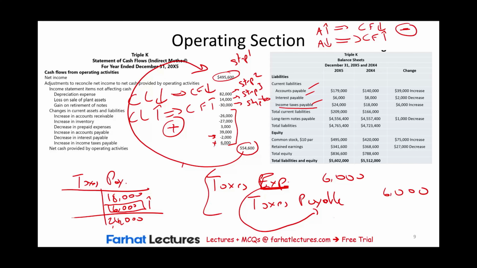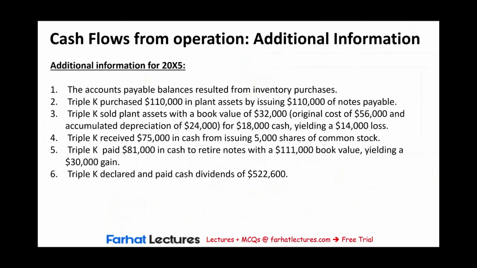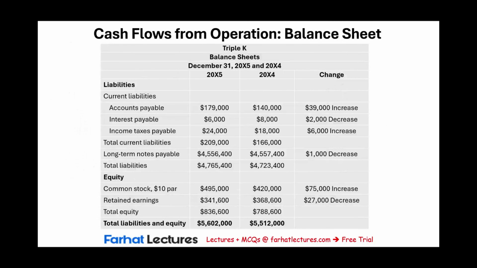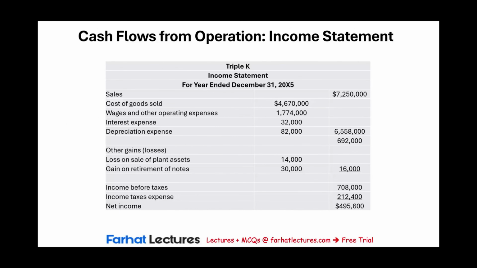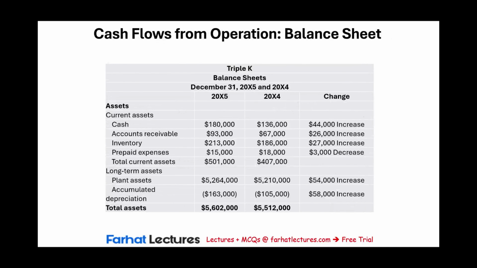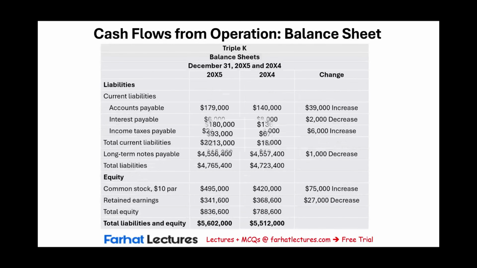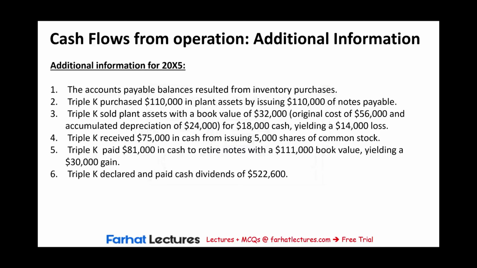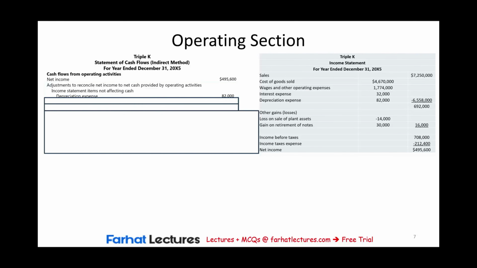And this is which section? This is the first section of the cash flow statement. Now, obviously, we're not done. Why are we not done? Because we still have to compute the investing section and compute the financing section in order to finalize, finish, get done with this statement of cash flows.